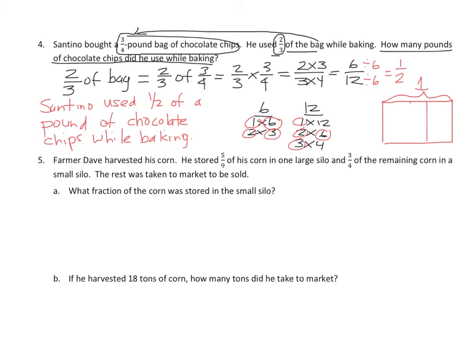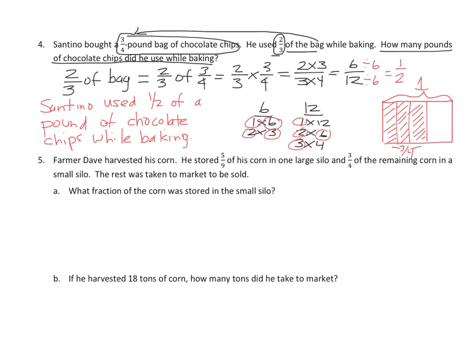He bought 3/4. So he did not fill the whole entire bag up. And so they're asking, out of a whole pound bag, how many pounds did he use if he used 2/3 of it? So if we did 2/3 this way, by the way, this is 3/4 right here.